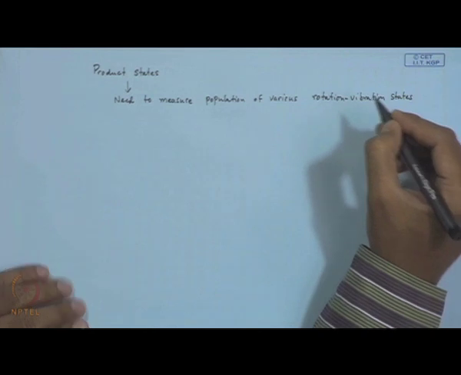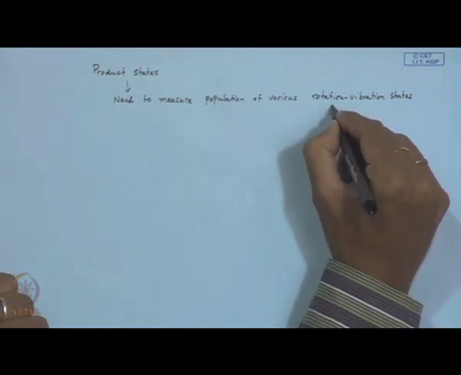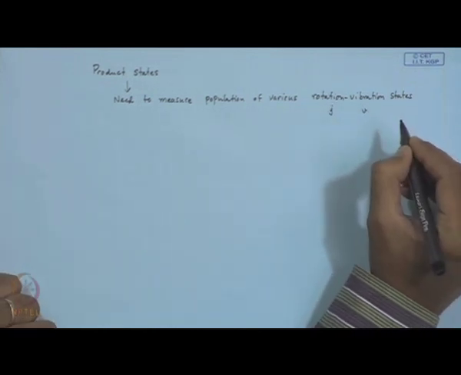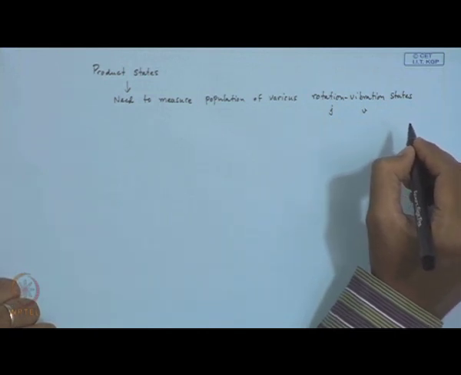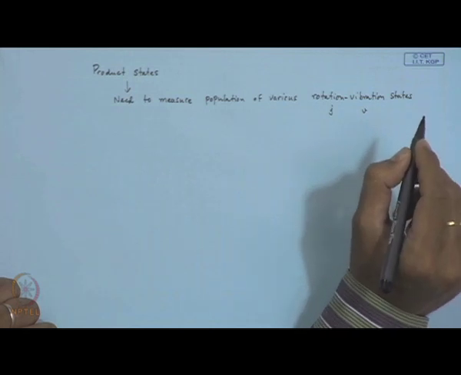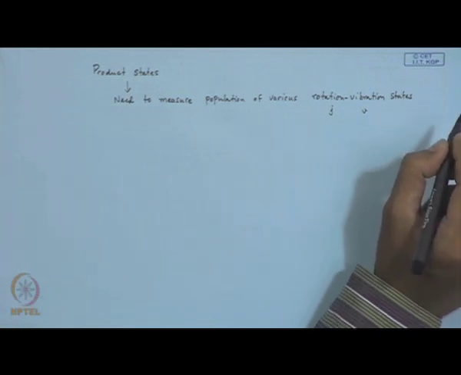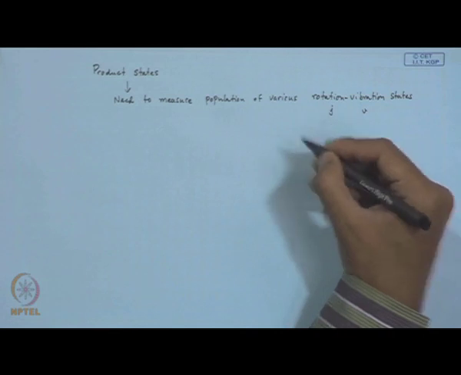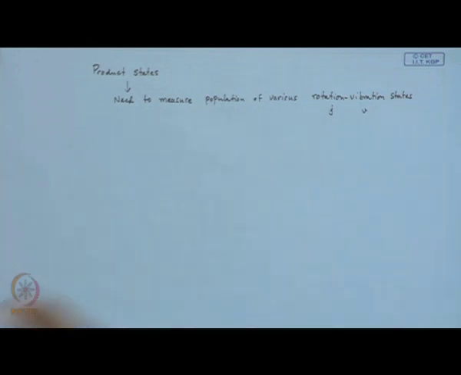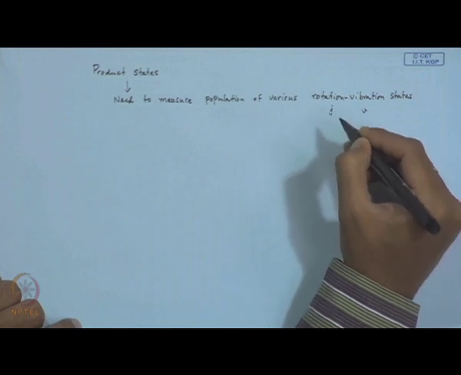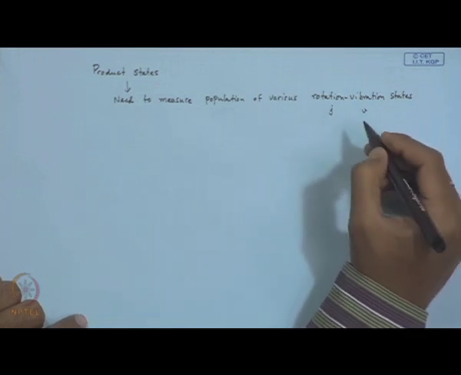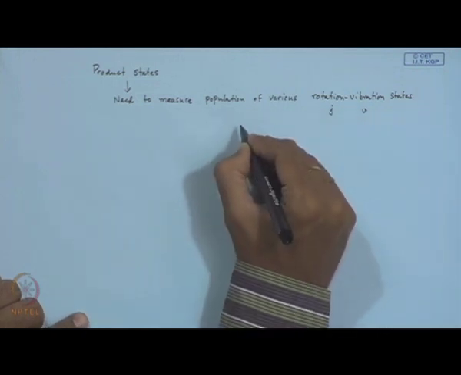These are characterized by J and V numbers, of course in the products, and this provides information on the state resolved cross section, meaning which states have more cross section than the others.